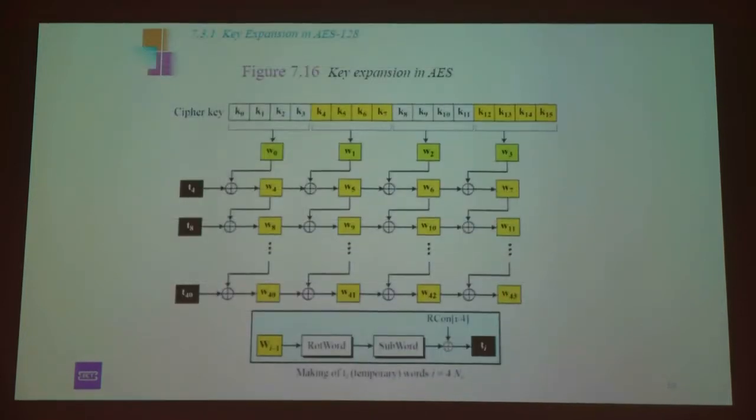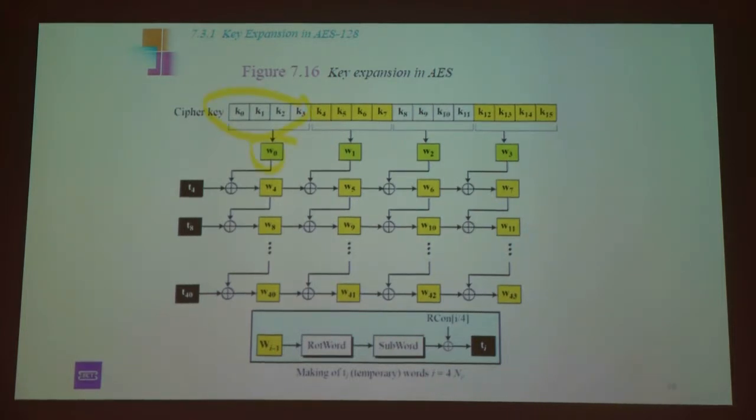Let's move on. So that's how we do it. We always start from the key, right? So the key, how many bytes is the key? 16. So we take the first 4 bytes of your key and you make word 0.